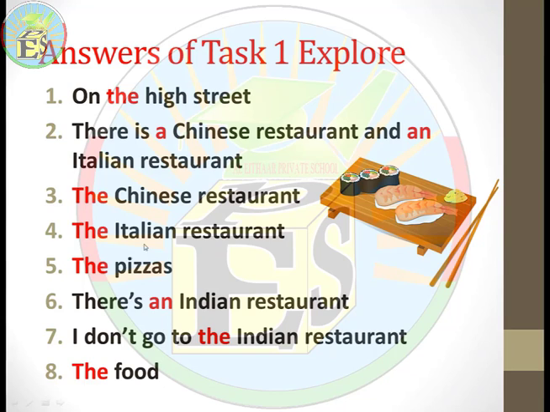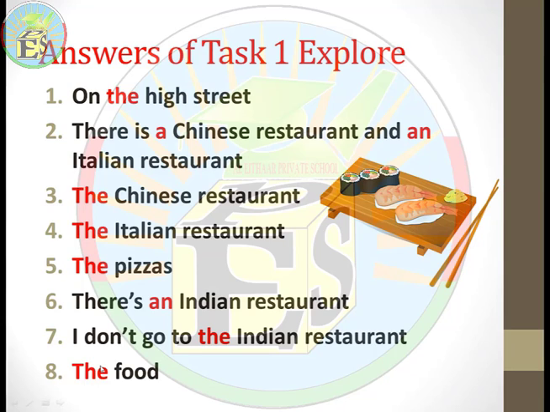The third example is the Chinese restaurant. Then the Italian restaurant. Number 5 is the pizzas. Number 6 is there is an Indian restaurant, an, because Indian starts with an I. Same for an Italian.